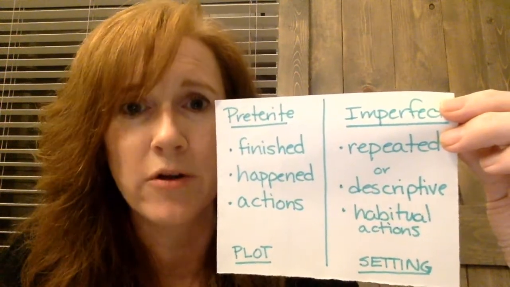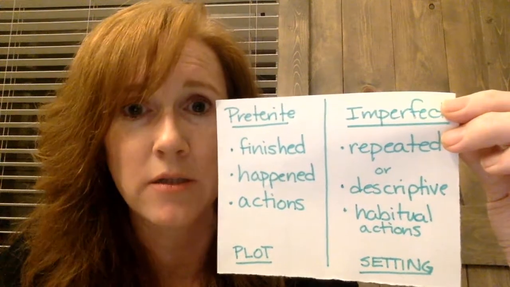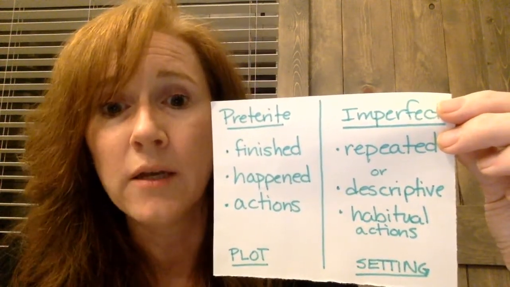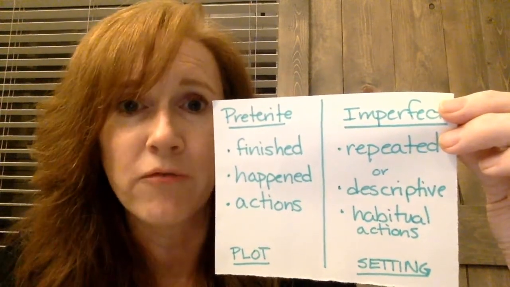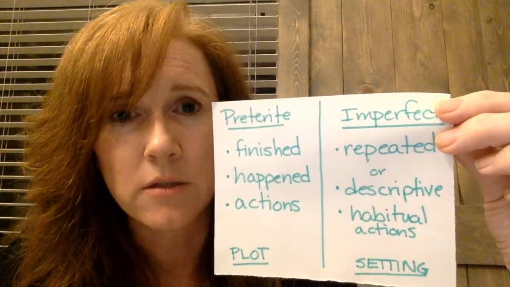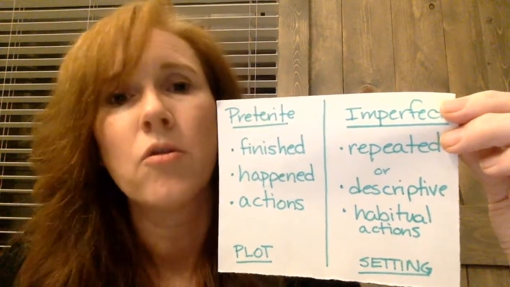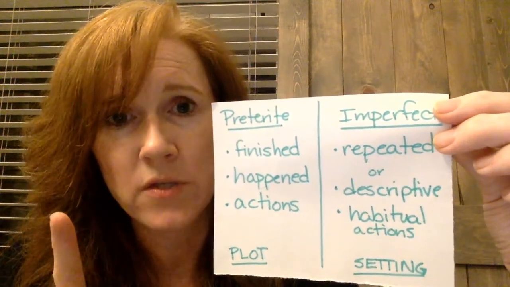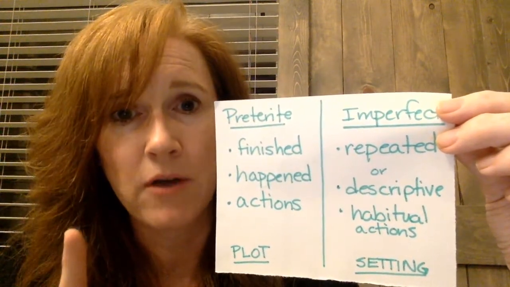Okay, so there's your preterite. That's an action that happened. That's the plot. So the setting is, it was a sunny day when, preterite, I saw my friend. So the actions are your plot, the preterite. The what was going on is your imperfect. So that's one of the uses of the imperfect, the setting and background information.